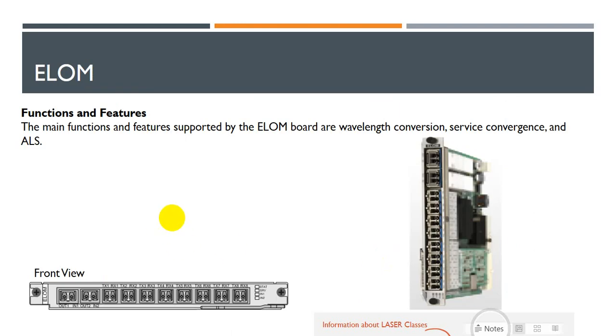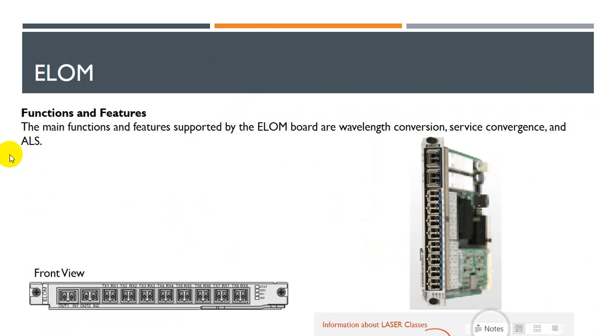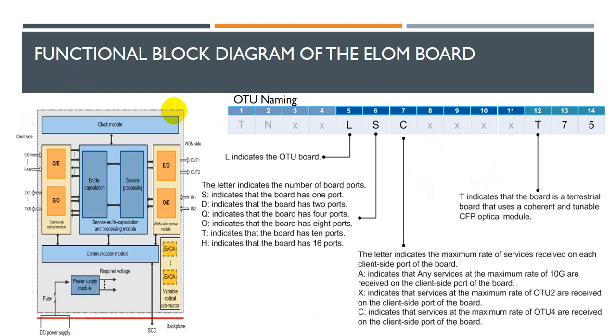The next in the series of OTU boards is the ELOM board. So we will study the nomenclature. It's a line board having octa. So first let us study the naming.